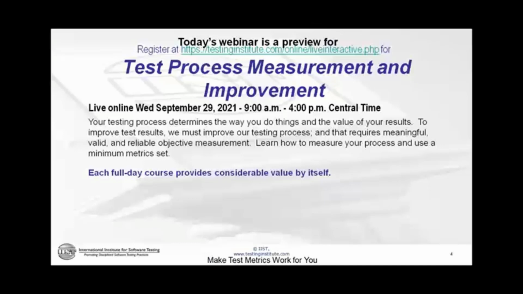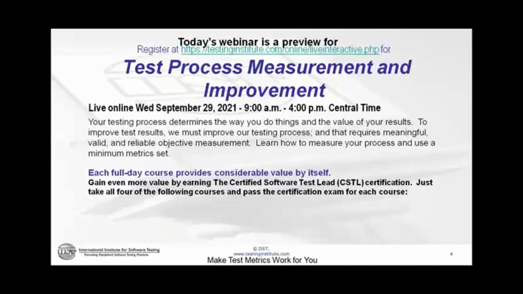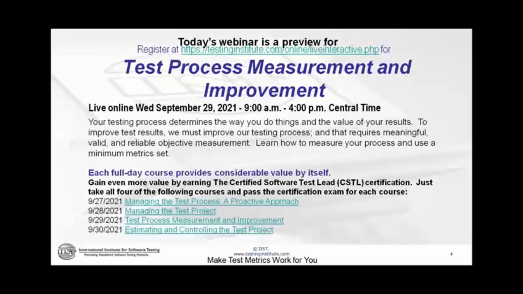It's one of 4 courses that I'll be presenting that week that together, if you take the related certification exam for each course, pass all 4 of those, then you earn the Certified Software Test Lead, CSTL certification. You may find that valuable.